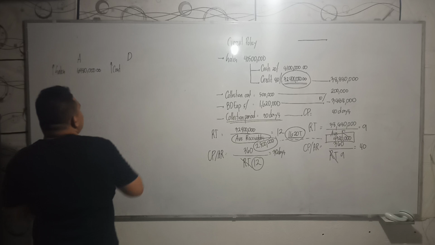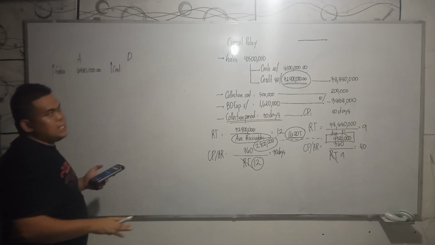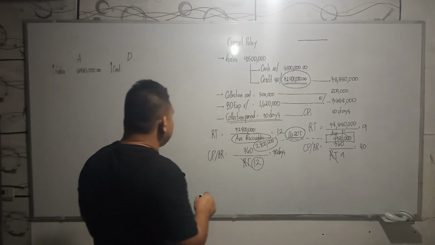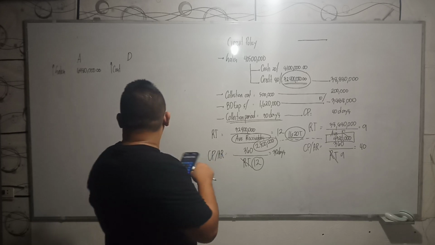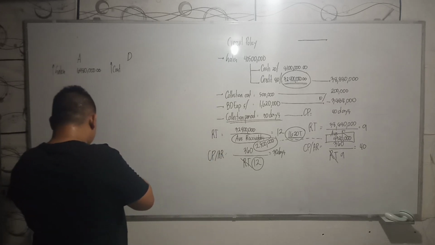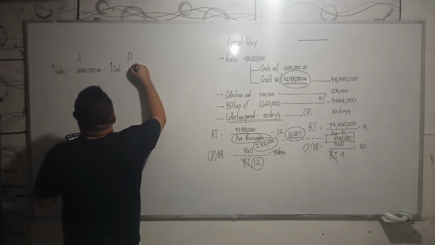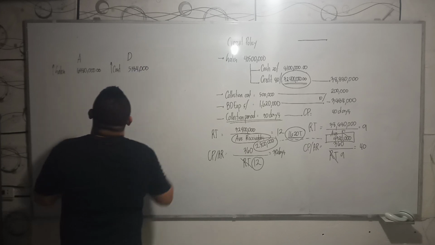Because when you sell services or goods, there is always cost of sales, cost of services. So the cost ratio is 80% if I'm not mistaken. A while ago, that's 80%. So that means 6,480 times 0.80, and you will have 5,184,000 as the disadvantage.